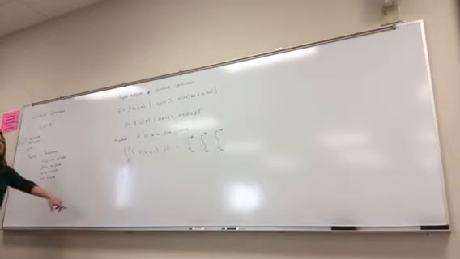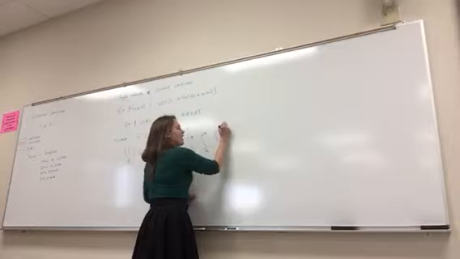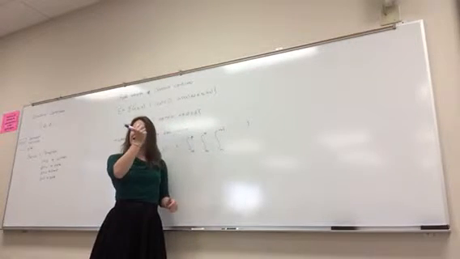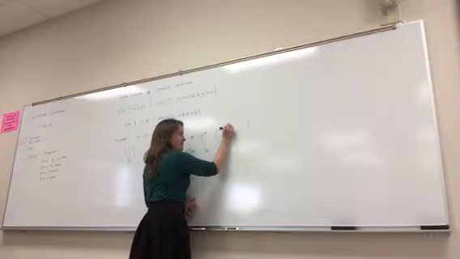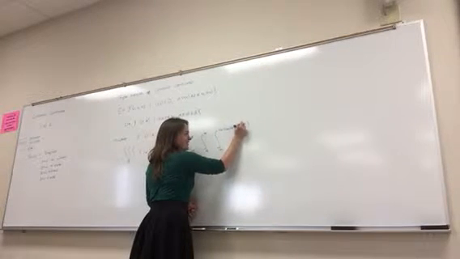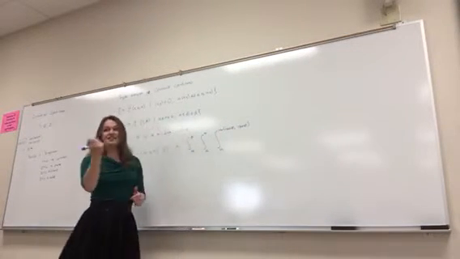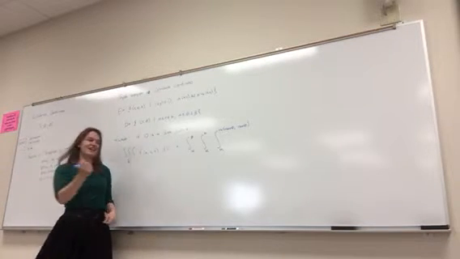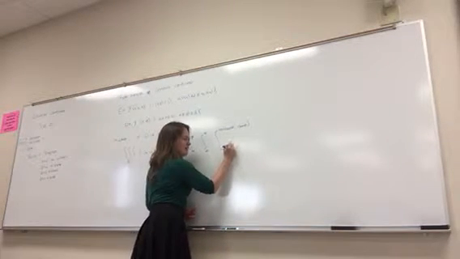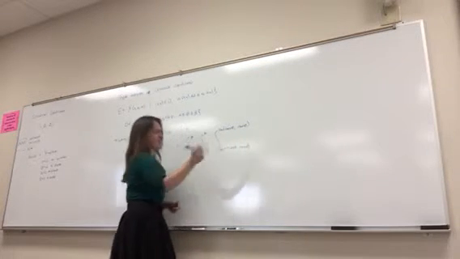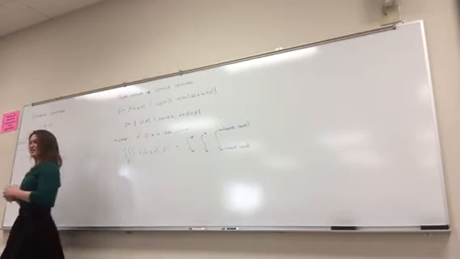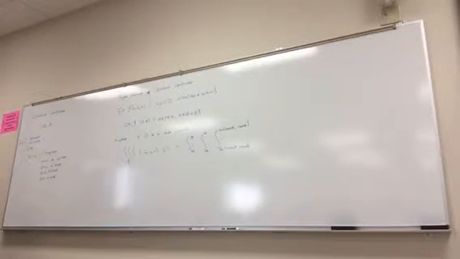Which means, rather than write this as u2 of x, y, it'll be u2 of what? R cosine theta, r sine theta, right? And u1 will be r cosine theta, r sine theta. We can also write these as functions of r and theta if we want instead, to make it nicer looking.